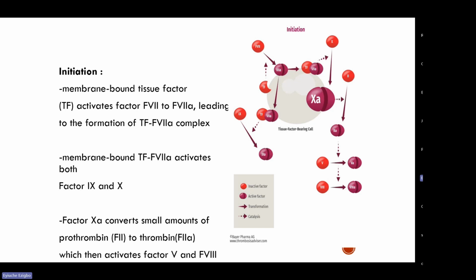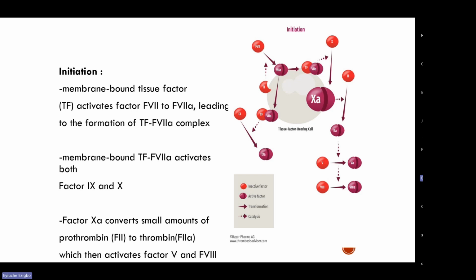They activate factor 7. Now we don't want to use extrinsic or intrinsic. We say initiation, propagation, or fibrin formation. We don't want to use the terms intrinsic and extrinsic again, but in the extrinsic terminology, this is what was happening.